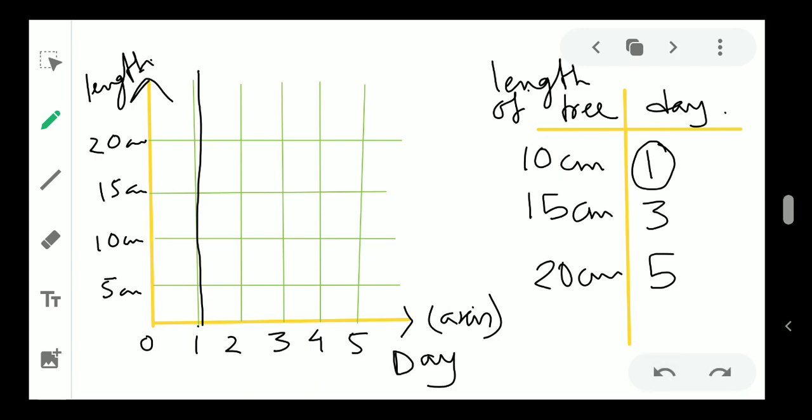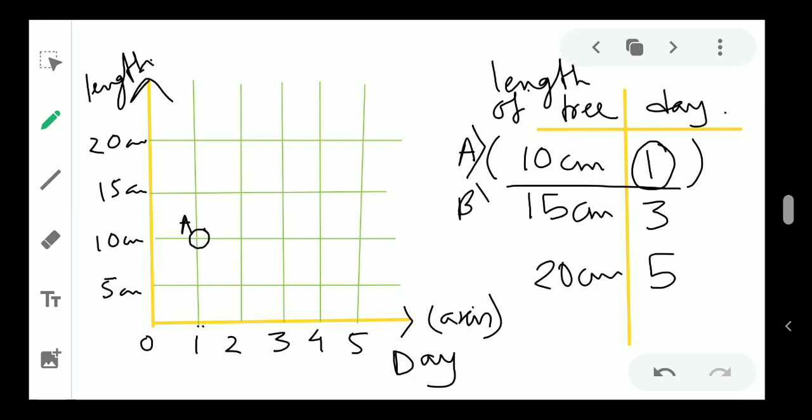Okay, so now I will draw this. This is the point which represents this data. Let's say this is data number A. So this is point A, which is representing that on day 1 the length was 10 centimeter.